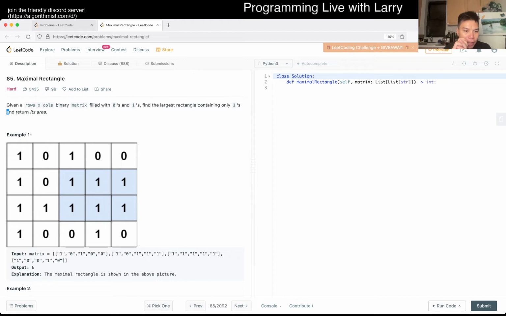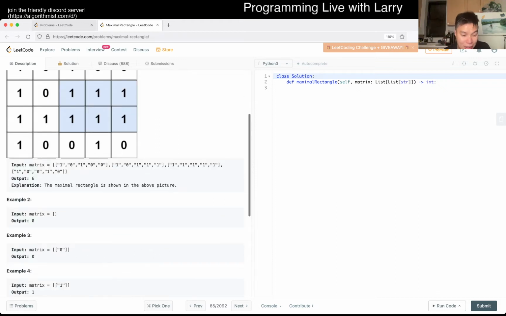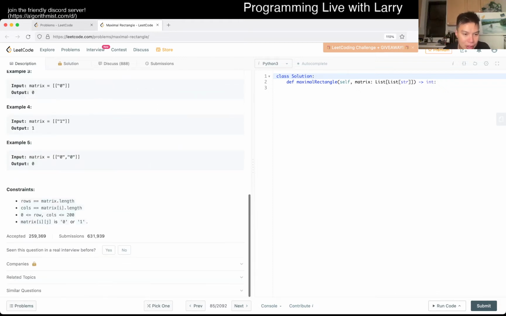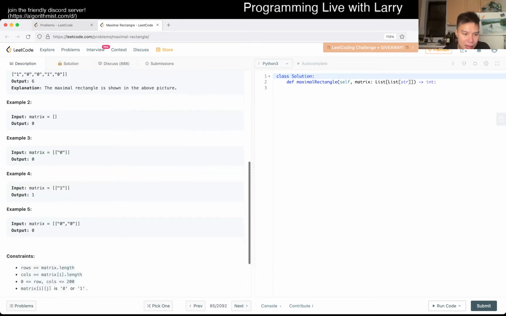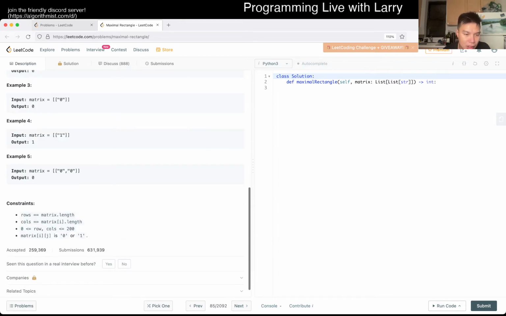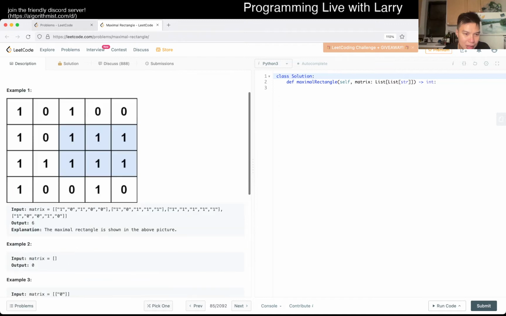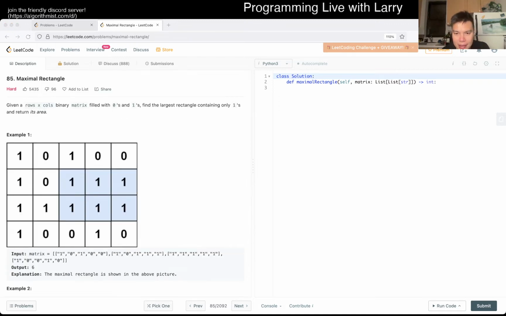If I remember correctly, it's a hard problem with a hard solution. Dynamic programming. Let's see, R and C are at most 200. Yeah, this is a very hard problem.